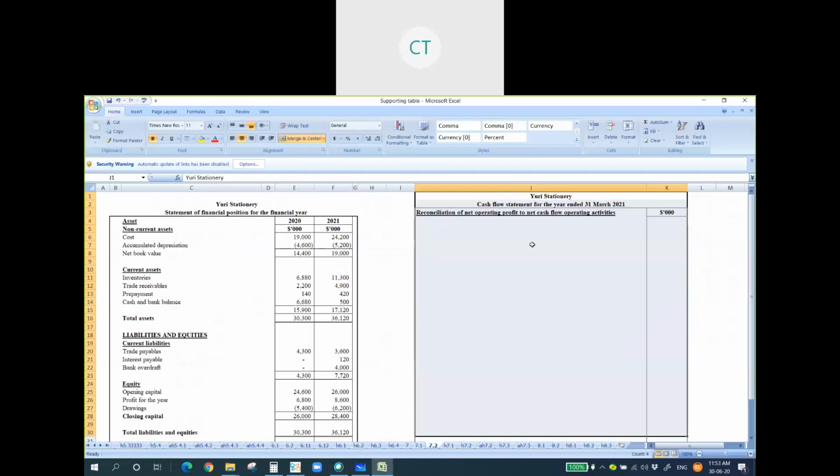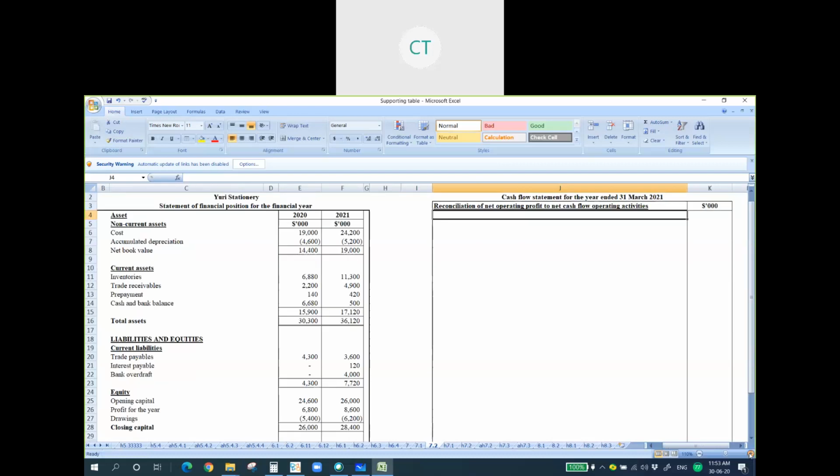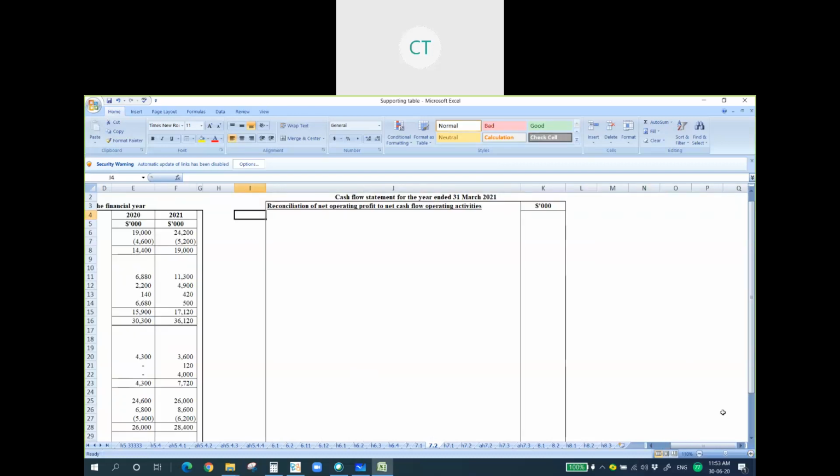So this is a sample of a cash flow statement. For the cash flow statement, the first item that we show is what? Profit before tax. The amount is 8,600.